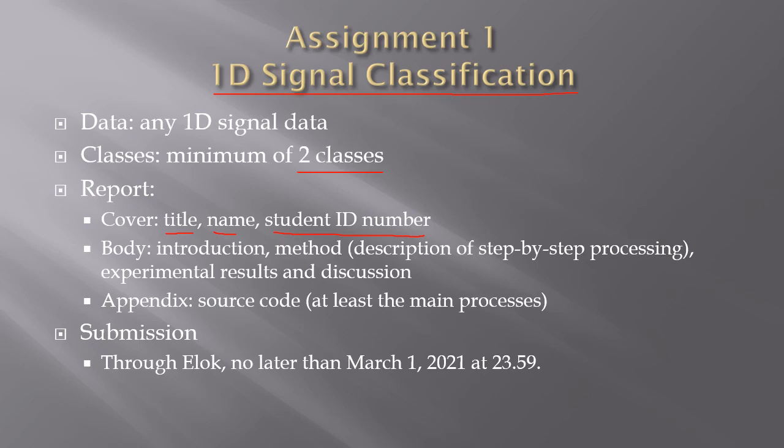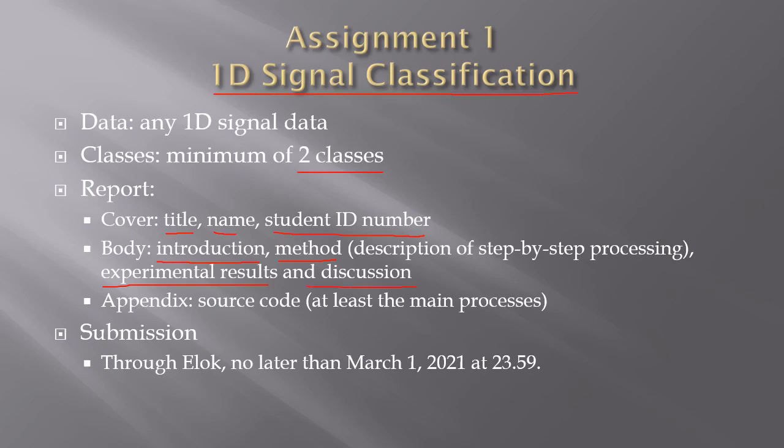And then the more important thing is about the body of your report, which has to consist of introduction, where you give your introduction about what this assignment is about, and then your method, your experimental results, and discussion.